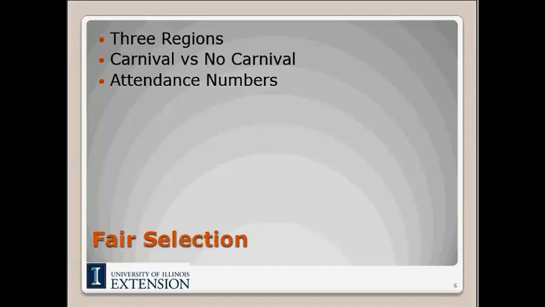So with those things in mind, Alex went ahead and did a stratified random sample and came up with the counties that are being used in this particular study. So that's how they were selected. We didn't just decide we were mad at you today, so we picked your fair. There was a process that went through.